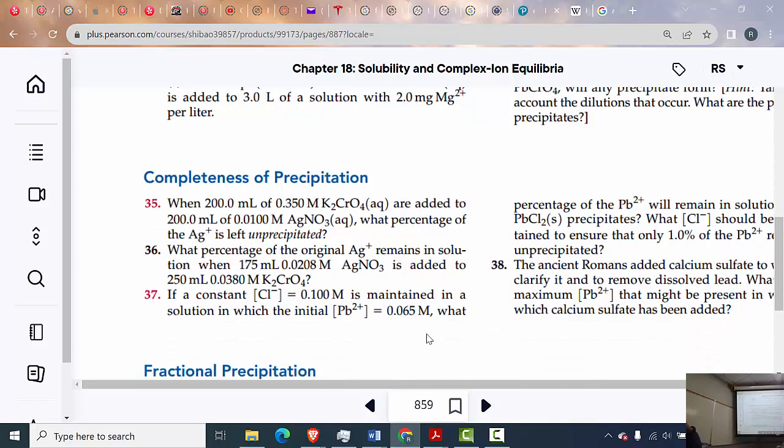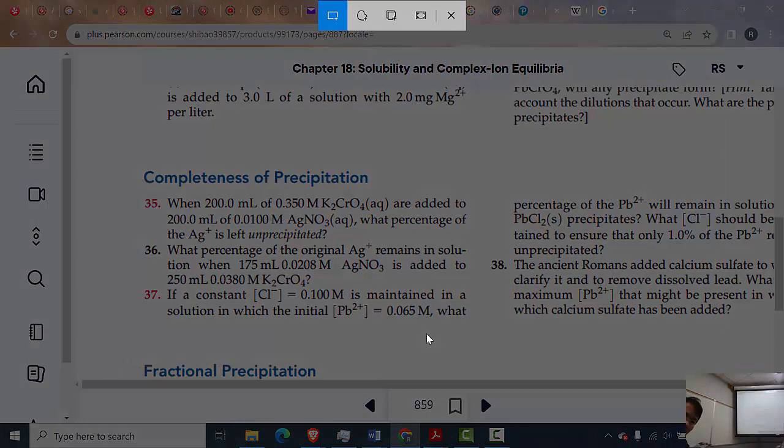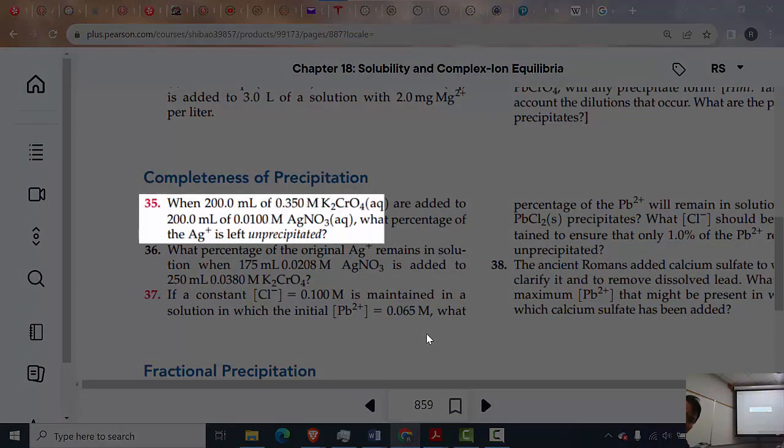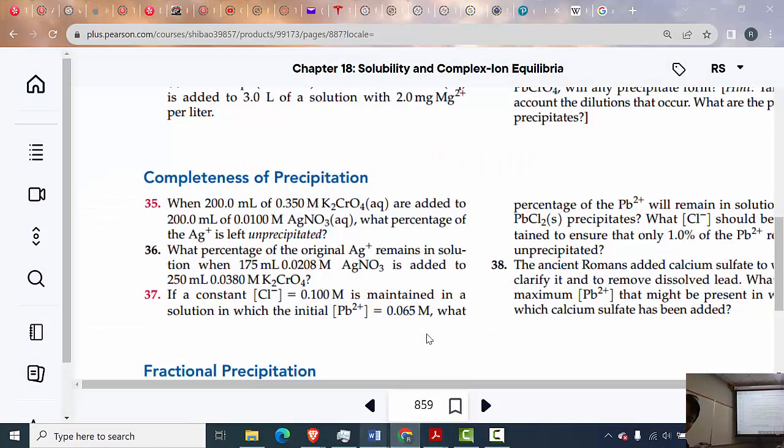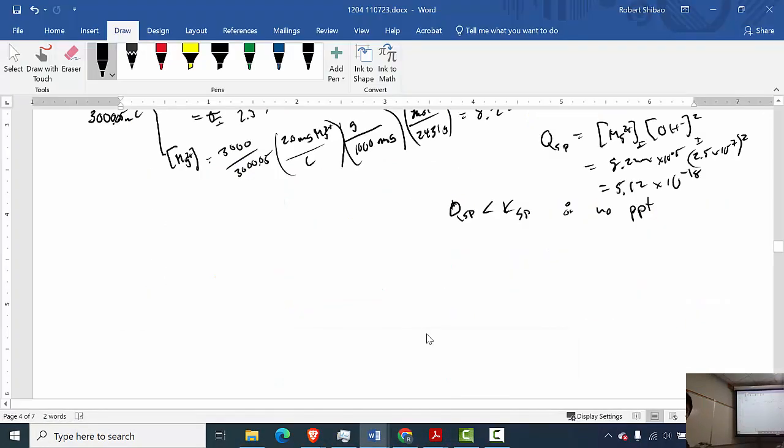So we're going to look at 35 here next. Remember doing percent reaction?